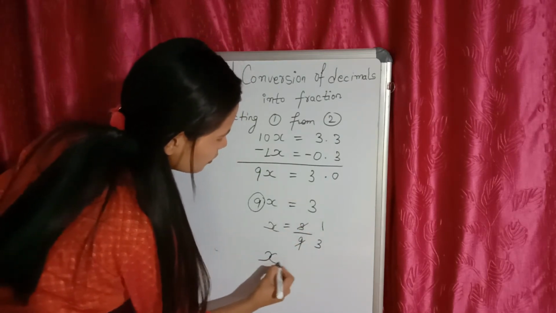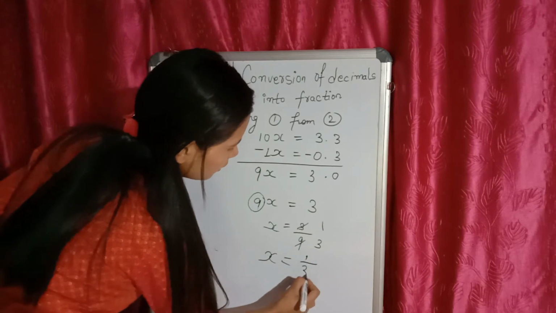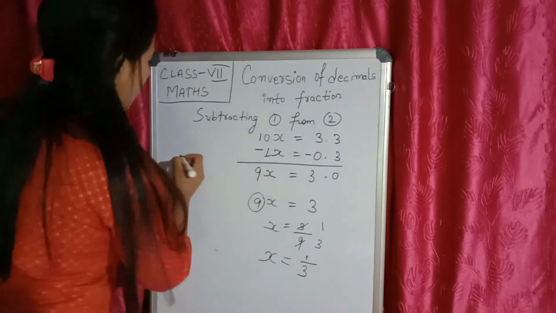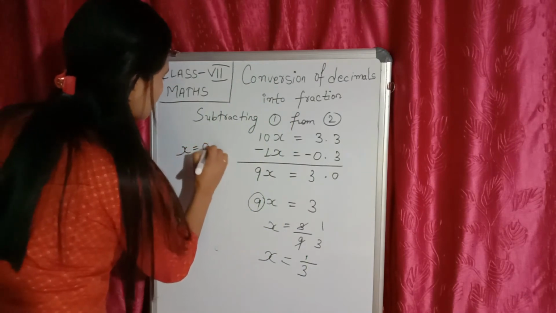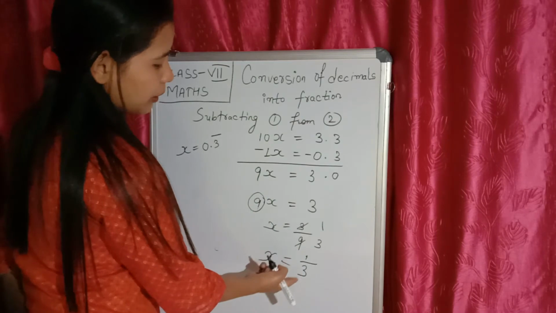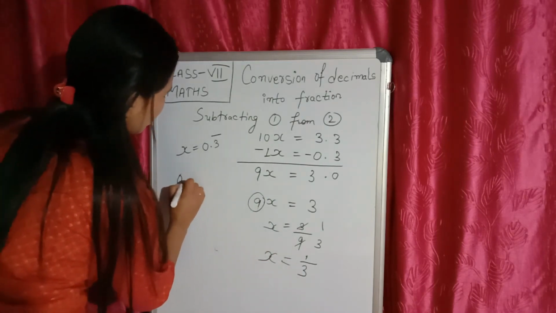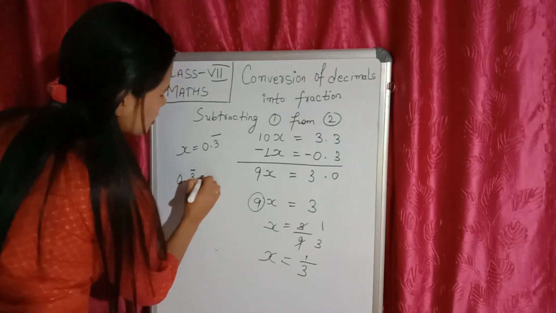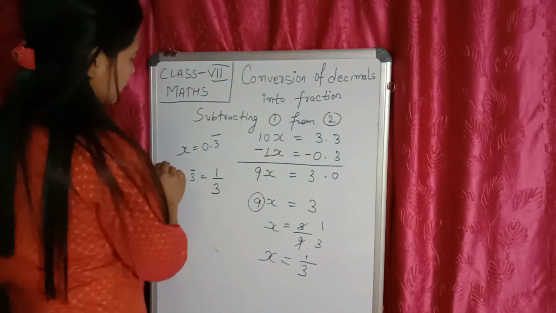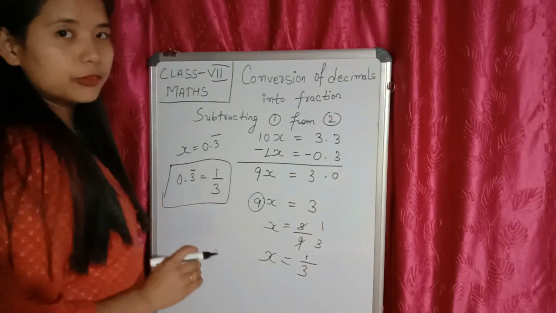So x equals 1 by 3. If you look back, we started our process by assuming x to be 0.3 bar, and we have got x equals 1 by 3. So the equivalent fraction of this decimal is 1/3. This is how we convert.